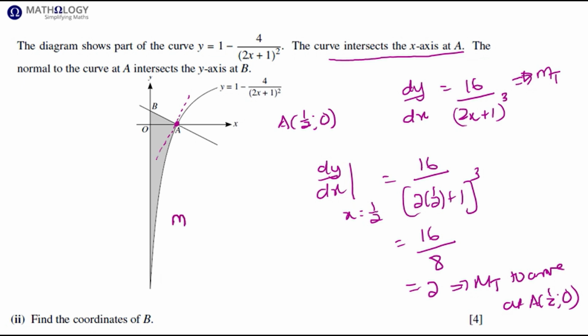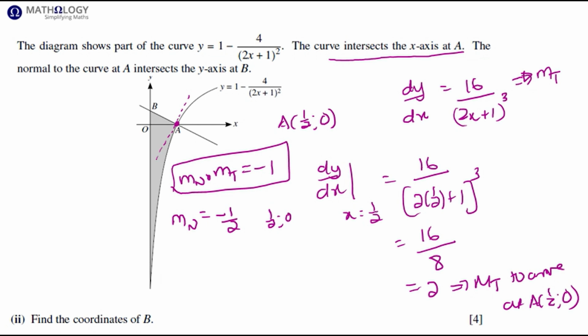The gradient of the normal at A is therefore going to be minus a half, because the gradient of a normal times the gradient of a tangent is negative 1. The two lines are perpendicular to each other. The point of contact is A, which is (a half, 0). So we can determine the equation of the normal.